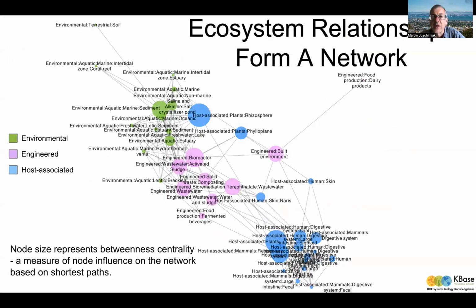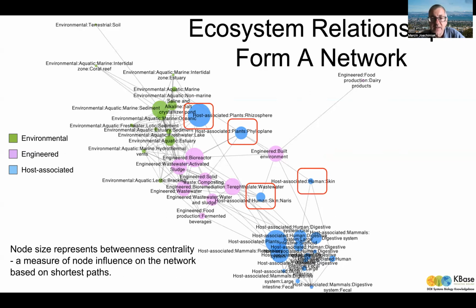We also computed a network for the ecosystems based on similarity relationships induced by the important features. The node size here represents betweenness centrality, a measure of node influence on the network. And you can see very nice recapitulation of the top three level categories: environmental, engineered, host associated. However, there are some very interesting outliers: host associated plants rhizosphere, phyllosphere, human skin, and human skin nares.